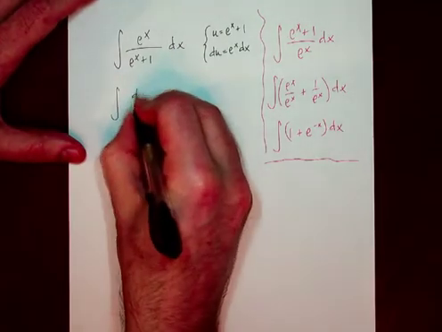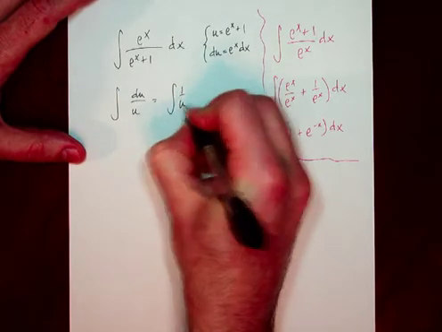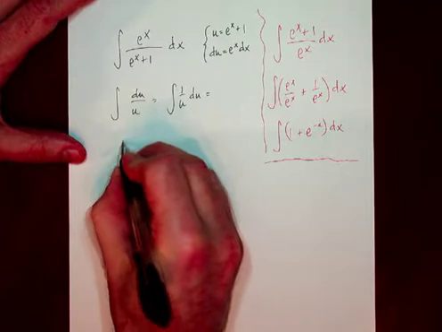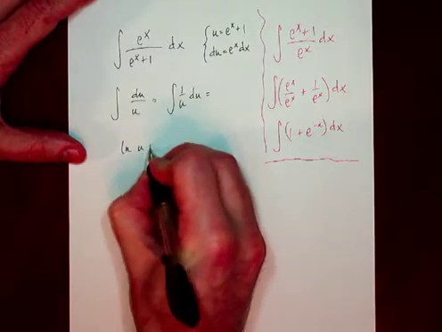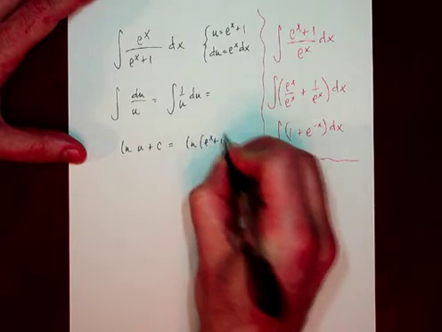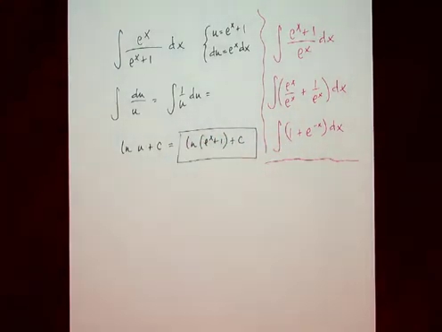And I have du over u, or I know some of you prefer it like this, doesn't really matter. And the answer is natural log of u plus c, or the natural log of e^x + 1 plus c. And again, I will remind you that when you're dealing with natural log, you need to remember that there is a possibility of needing those absolute value bars.